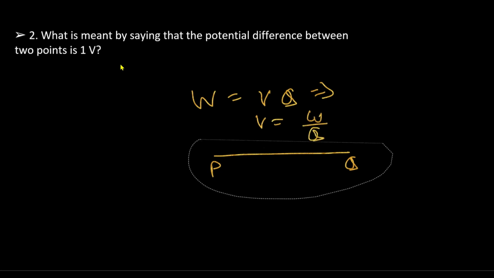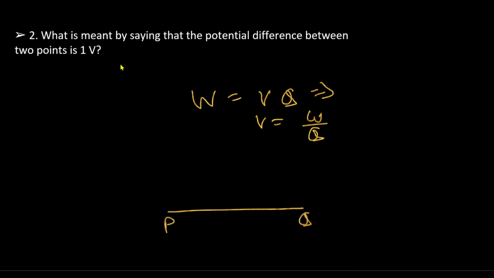One more time, from the formula, V is equal to W upon Q. So V will be 1 volt when the work done is 1 joule, 1 divided by 1 is 1, and when there is 1 coulomb of charge.